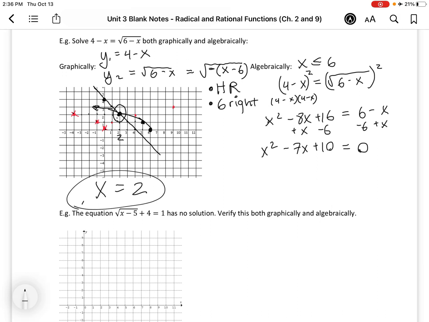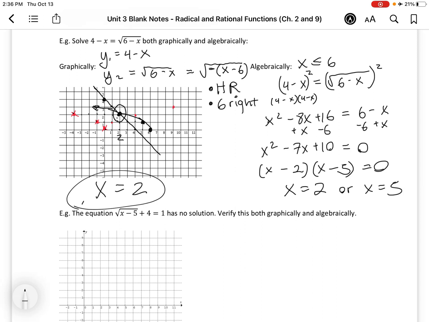And this one is quite nice because it factors, so we do not need to use the quadratic formula, which is always a good thing. I can factor this into (x minus 2)(x minus 5) equals 0. And from factored form, I can say, okay, x has to equal 2 or x has to equal 5.